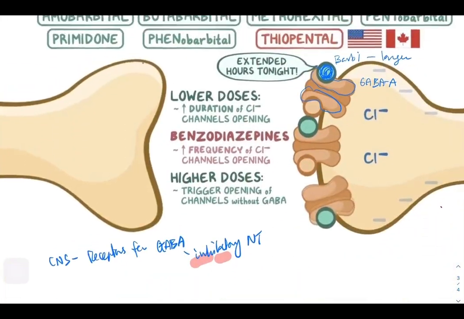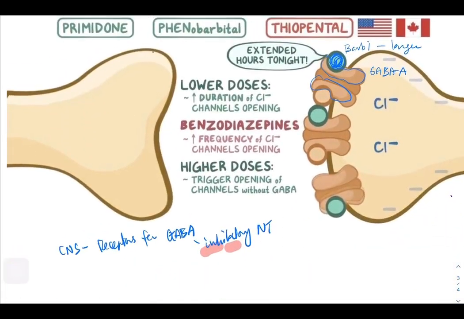That's at high dose. How does benzodiazepine interact with this then? Well, benzodiazepine is quite similar. If barbiturates keep the chloride channels open longer, increasing the duration, benzo actually increases the frequency of opening. When benzo interacts with the GABA A receptors, once it is open, it just keeps making it open over and over again.